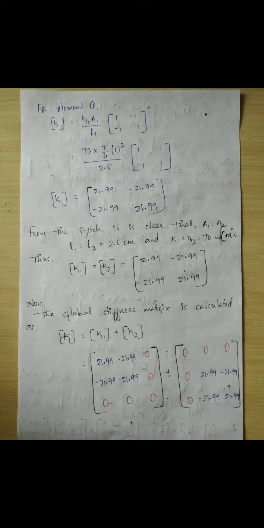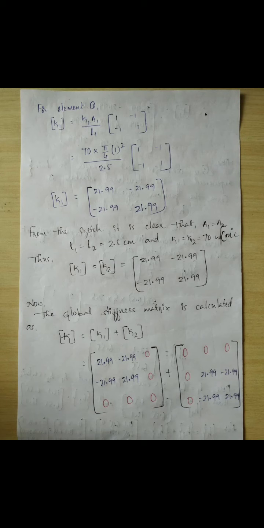Thus, the order of global stiffness matrix and in turn individual element stiffness matrices is expressed as total count of the nodes into 1. In this particular structural member, since there are 3 nodes, the order of small letter k1 and small letter k2 in addition to capital letter K should be 3 cross 3.